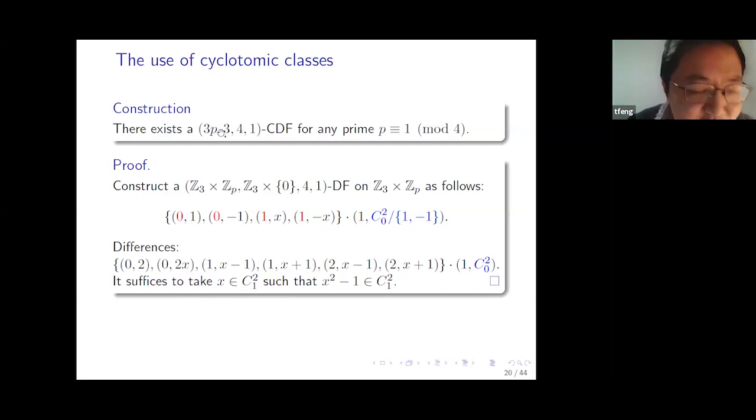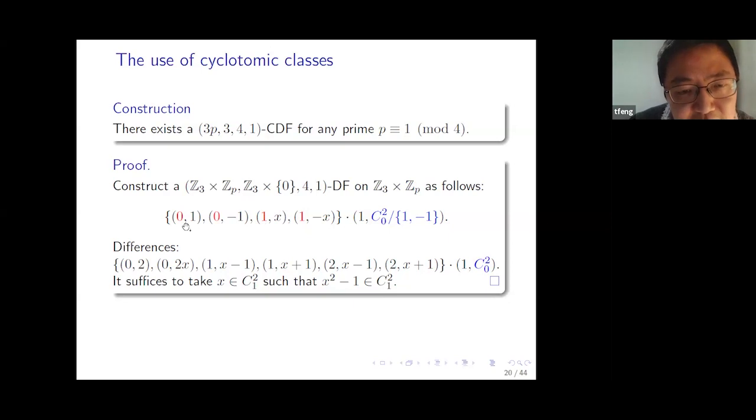So for example, here 3 times p. That means we can construct it on Z_3 times Z_p. So we can first construct its first coordinate and then construct its second coordinate. And from this example, we can observe the behavior of its first coordinate.